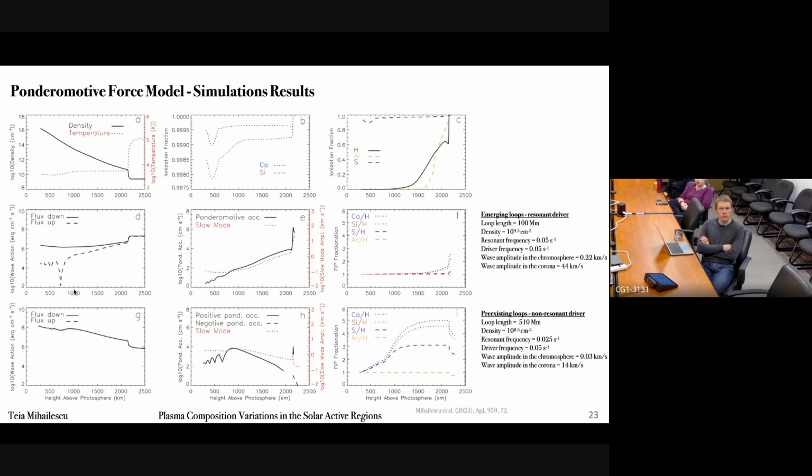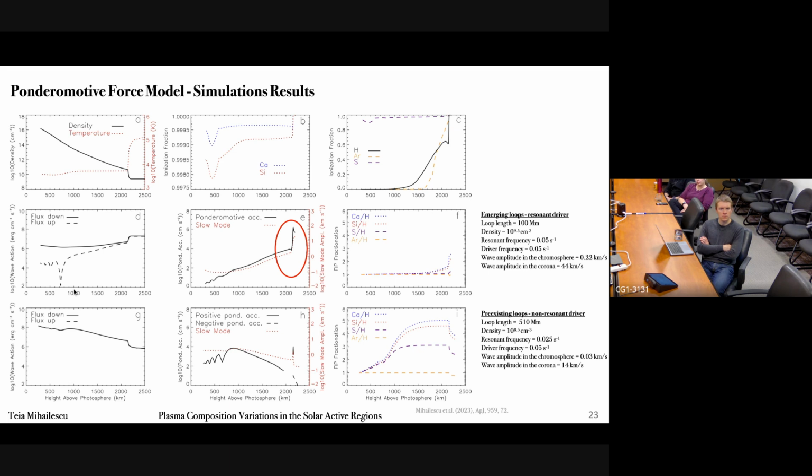We were essentially varying the properties of the wave driver and trying to get results that match our observations. If the wave driver was at resonance with the coronal loop, then we find that the ponderomotive acceleration is strongest at the very top of the chromosphere, the transition region level. And in that case, we see enhancement in calcium and silicon, but no enhancement in sulfur and argon.